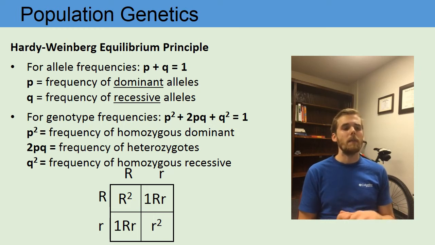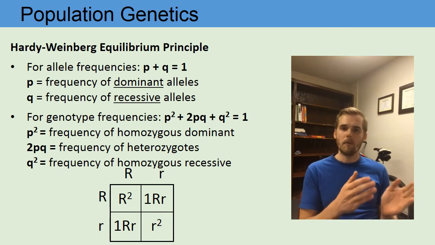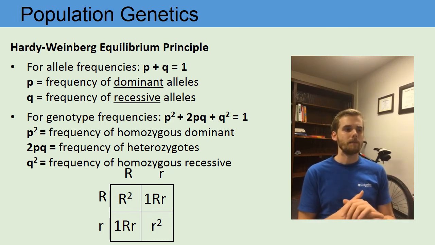This can be expressed mathematically through p plus q equals 1, where p are all of the dominant alleles and q are all of the recessive alleles. So when you add all the dominant and recessive alleles together, you get 100% of the alleles for that trait. That's basically what this formula is telling us.